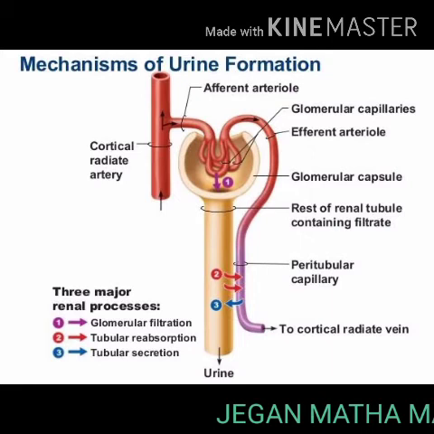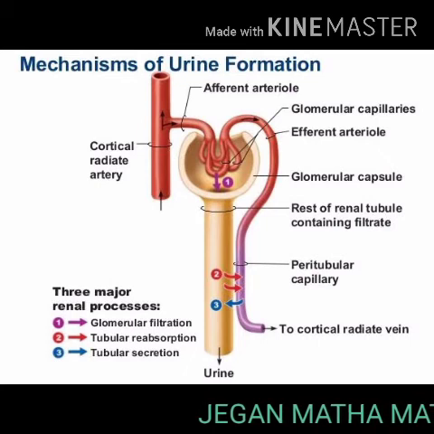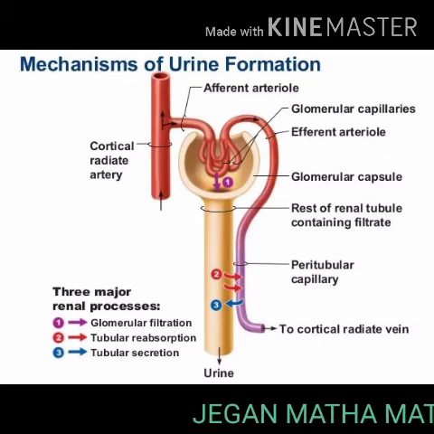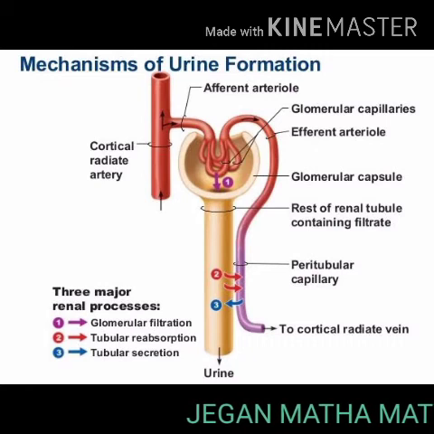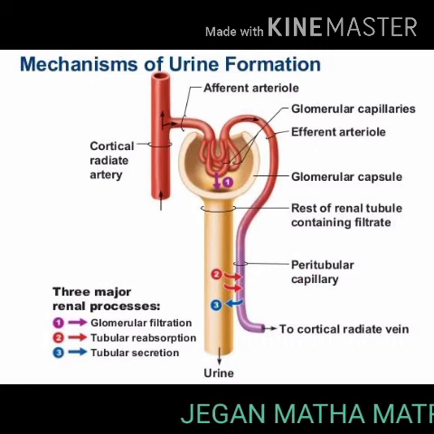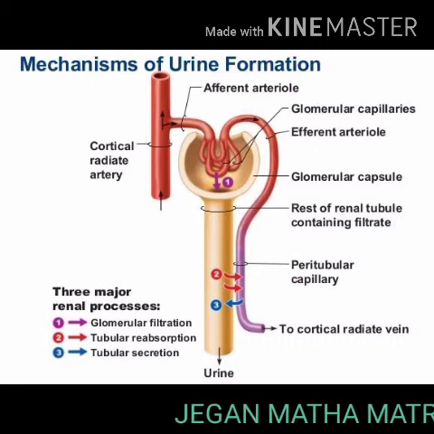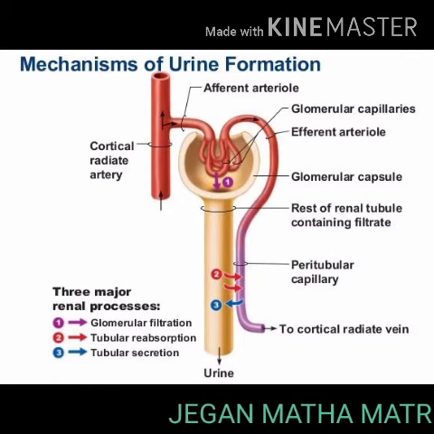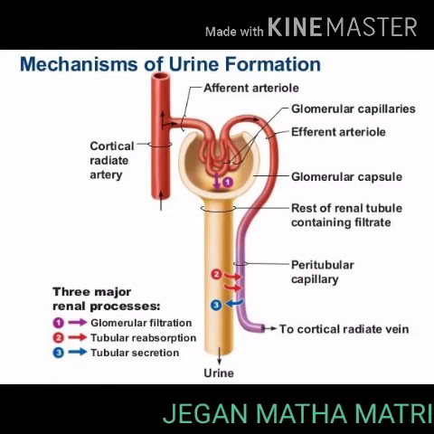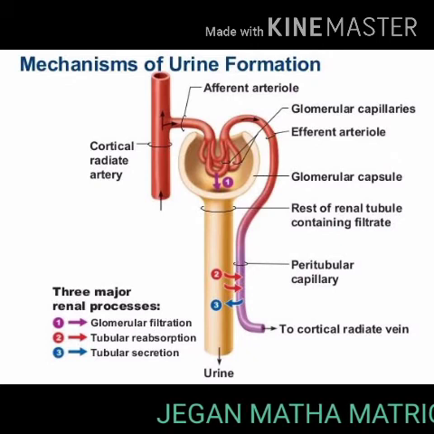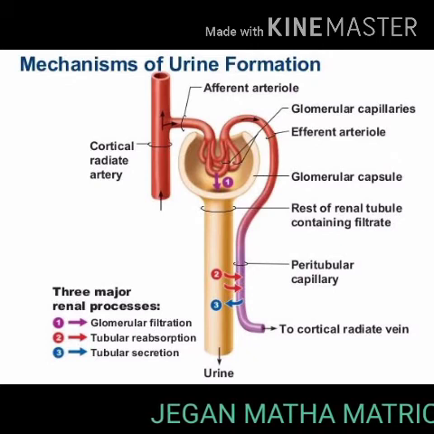Glomerular filtration: urine formation begins with the filtration of the blood through the epithelial walls of the glomerulus and Bowman's capsule. The filtrate is called the glomerular filtrate. Both essential and non-essential substances present in the blood are filtered.